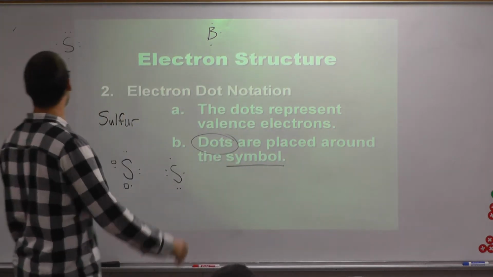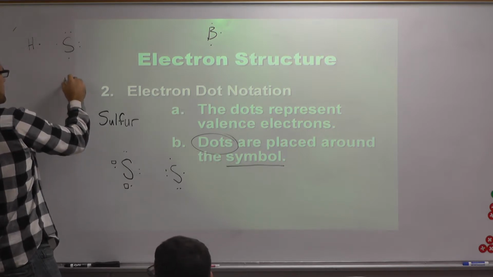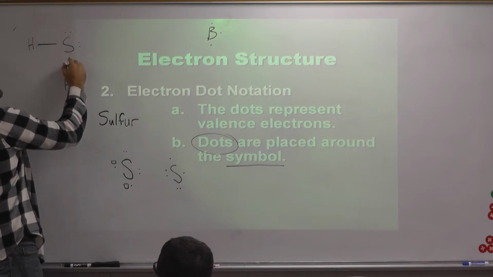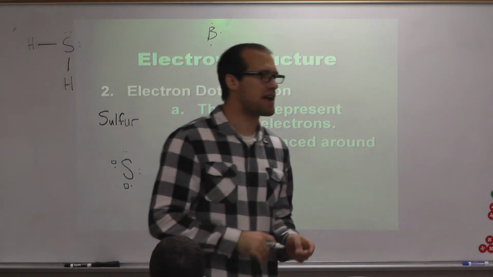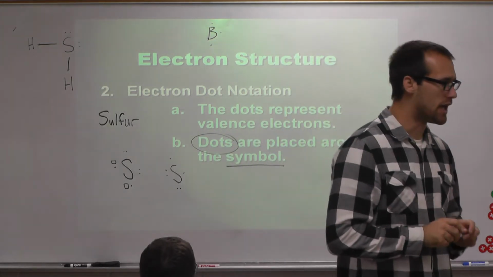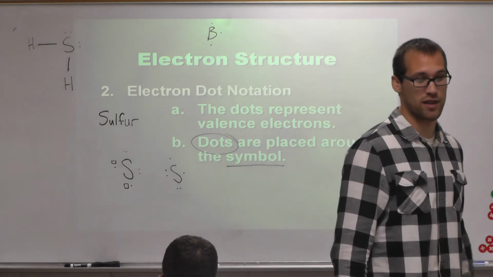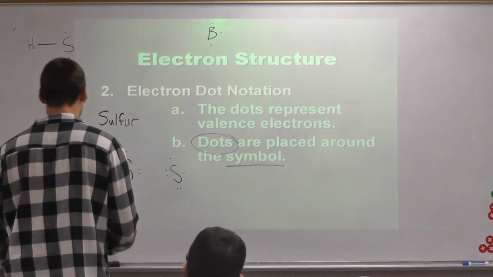Because eventually we're going to put hydrogen here, and it's got 1 valence electron, and they share their electrons and they form a bond. You're not going to be able to do that if you don't do the dot notation correctly. Now, I know you don't understand what I just did, but you will eventually. So please, don't mess this up.